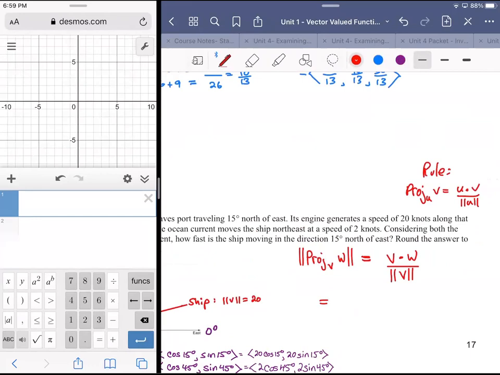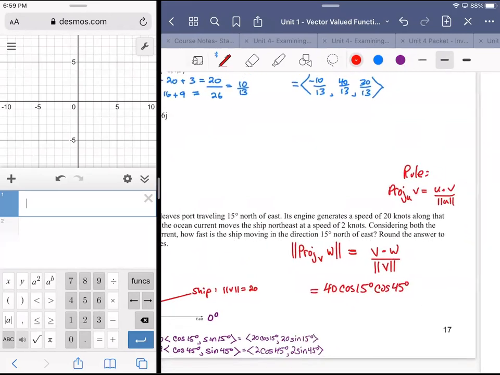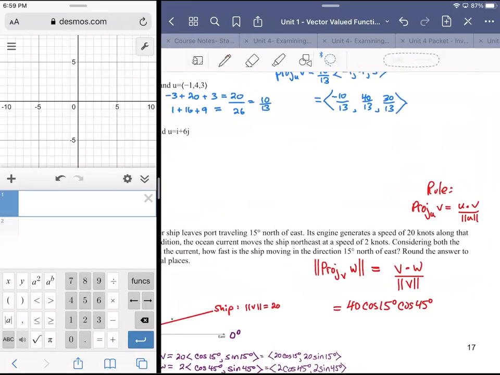So multiply the corresponding parts, add them together, and we'll have our dot product. So it's 20 cosine 15 times 2 cosine 45. So that's going to be 40 cosine 15 degrees, cosine 45 degrees, plus same deal, just with sines.